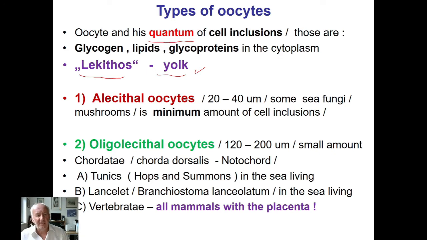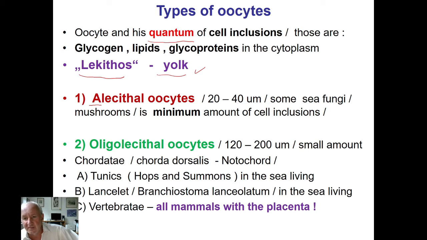So logically, now we can use lekitos in all types of those oocytes, and only the first part of the longer name means how much of these cell inclusions are present. So logically, the first very small oocytes with the abbreviation A, let's settle. You see that they are very small, 20 to 40 micrometers.